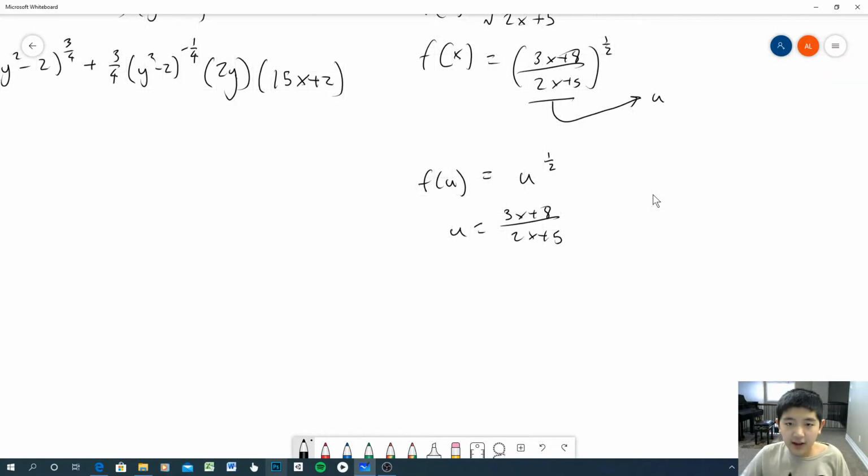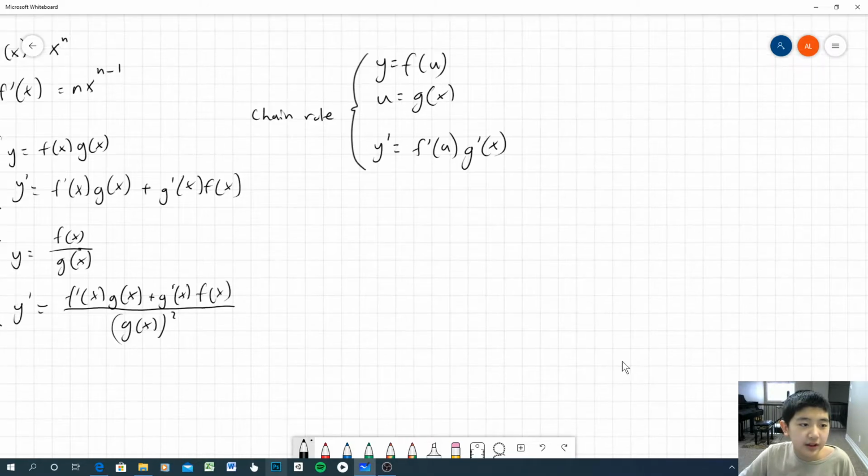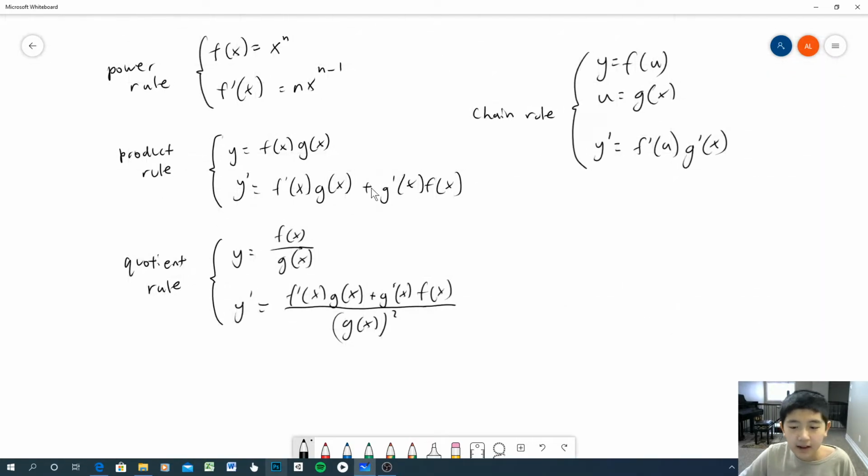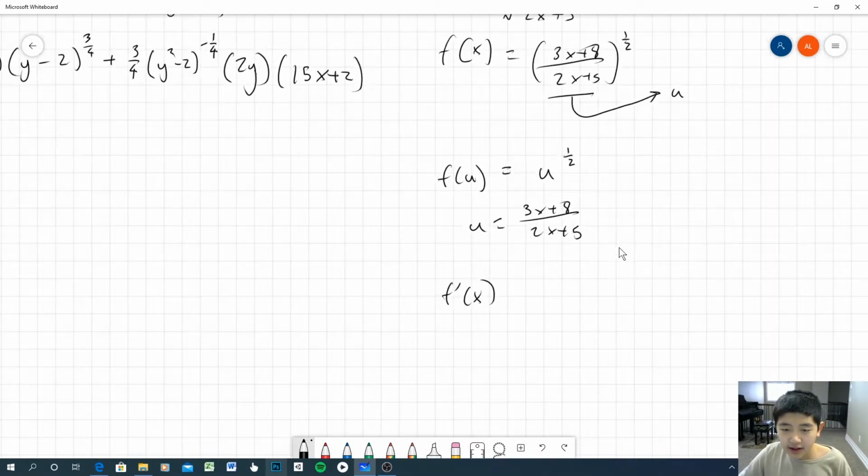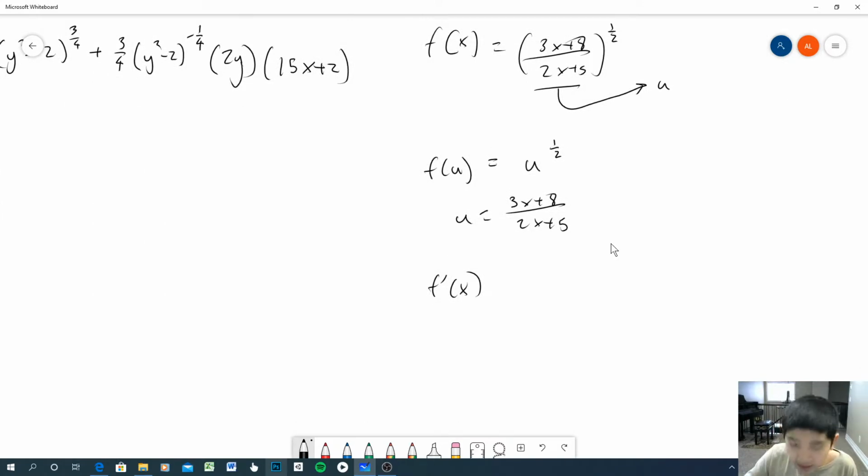And the derivative of f of x now equals the derivative of this times the derivative of this. This we can't derive right away, so we'll need to use the quotient rule right over here. So, let's do it. So, we get 1 over 2 u to the power of negative 1 over 2 times the derivative of this function over here.